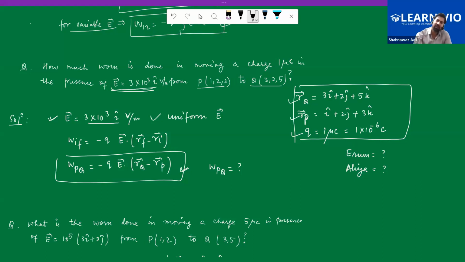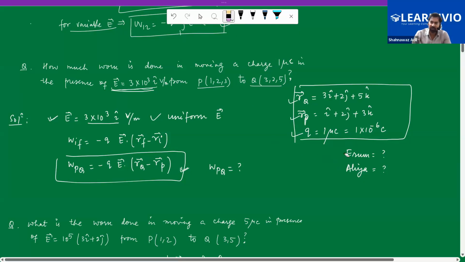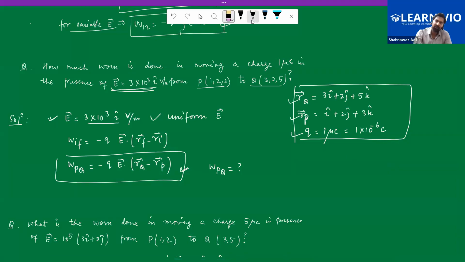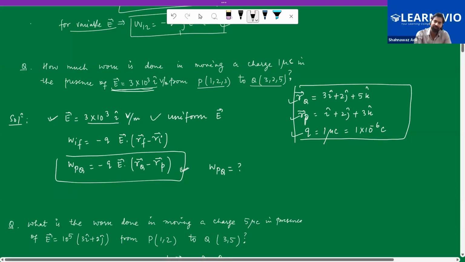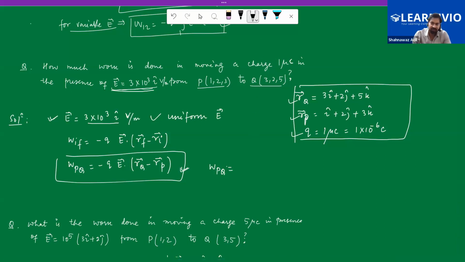Okay, so let us do this thing, and then you guys correct me if I am doing this correct or not. You have charge that is 10 to the power minus 6, right?